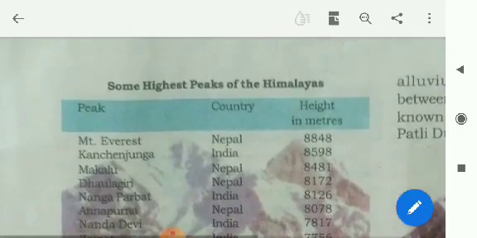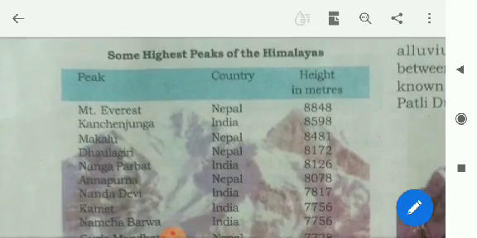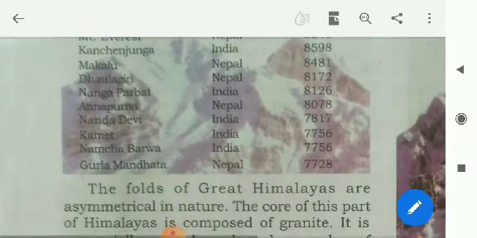Namcha Barwa, 7,756. Gurla Mandhata, Nepal, 7,728. Now, these are some peaks of the Himalayas located in India and Nepal.